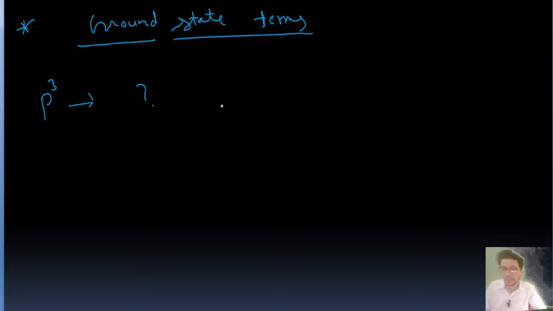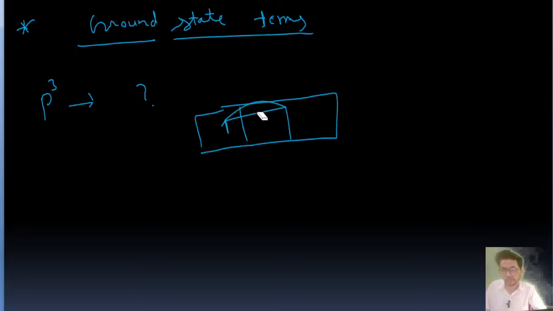P3 means 3 electrons, right? So these are 3 electrons, and we can write them as plus 1, 0, minus 1.